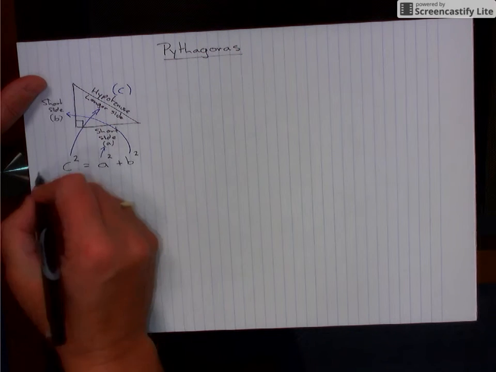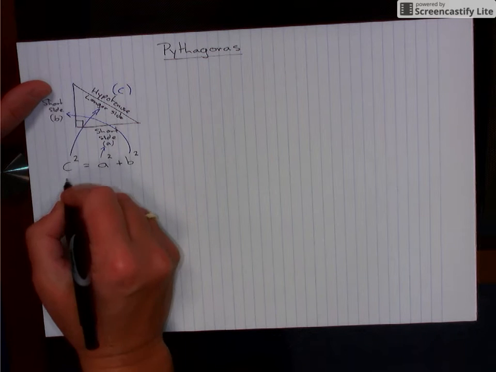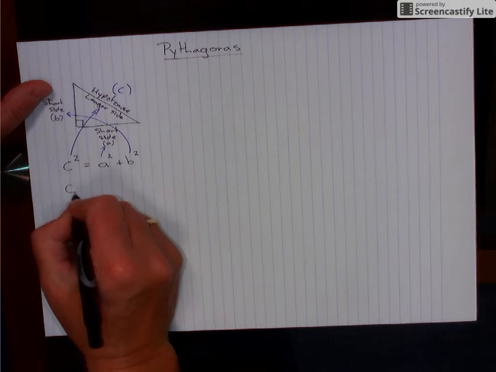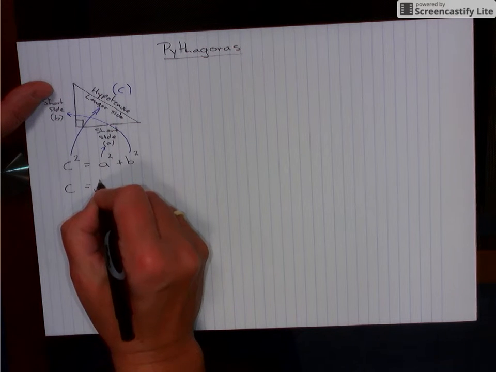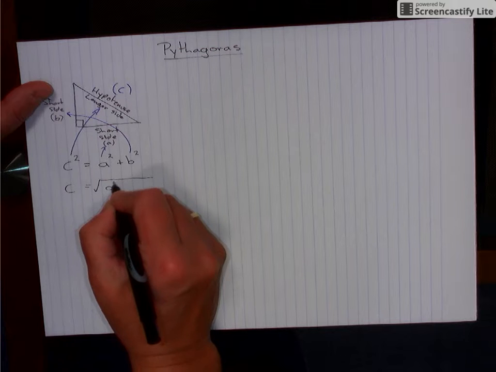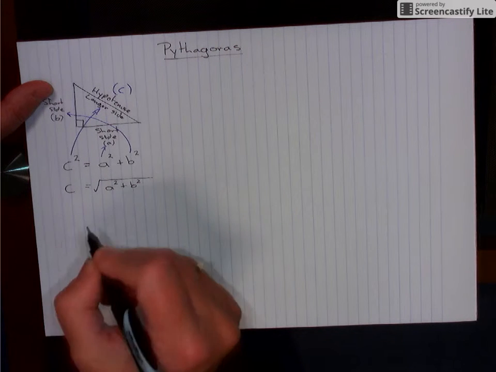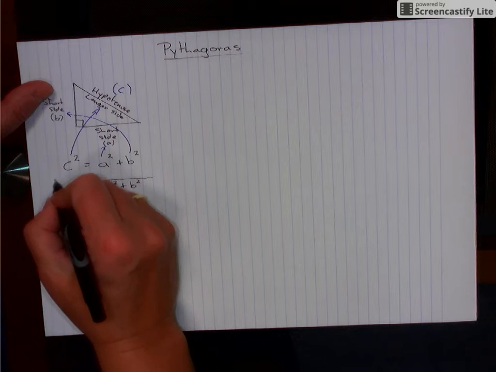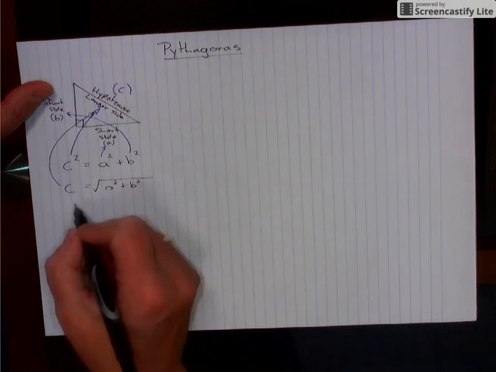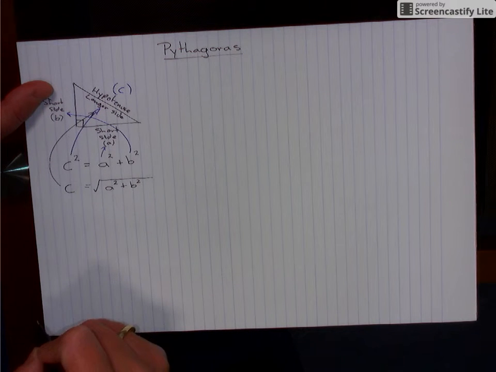So I can give you an alternate formula, which is c is equal to the square root of a squared plus b squared. Again, remember that c is your hypotenuse and a and b are still your shorter sides.